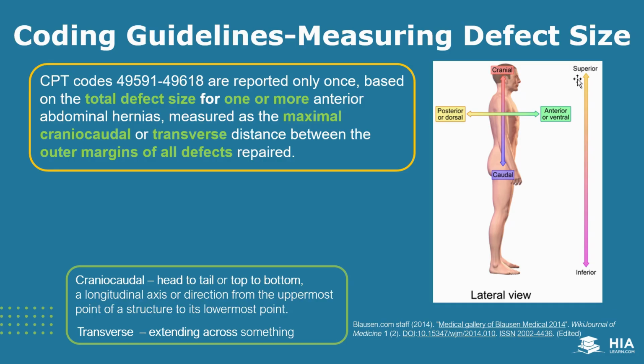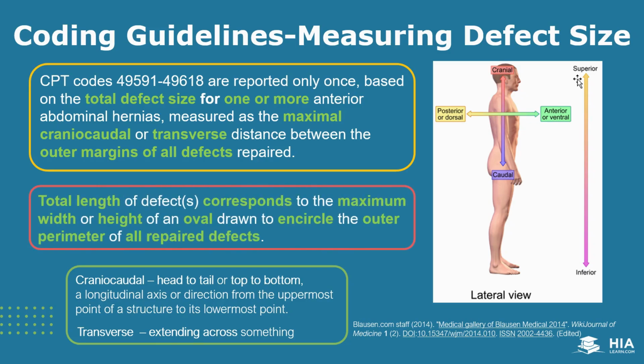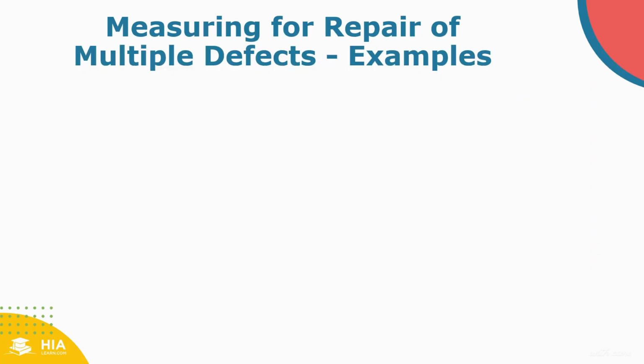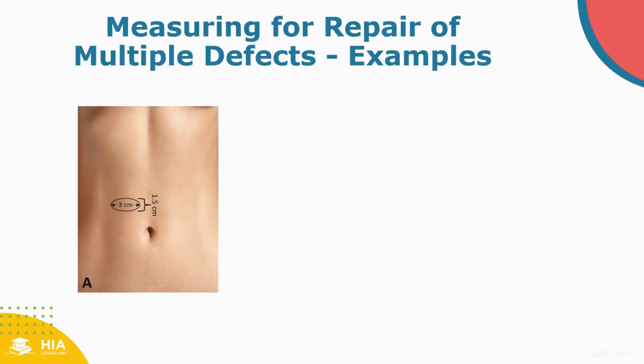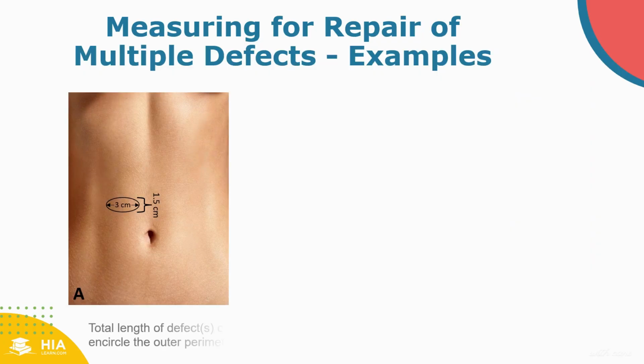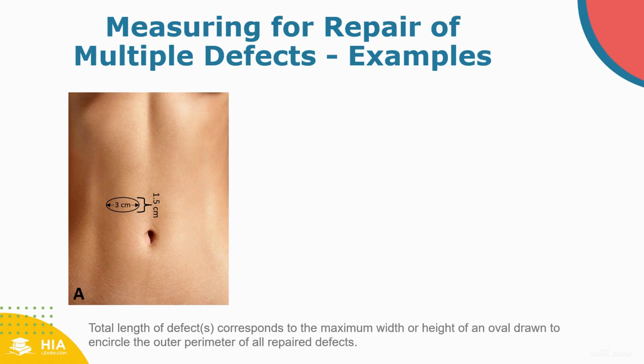Hernia defect length measurement is calculated in either the transverse or craniocaudal dimension, with the total length of the defects corresponding to the maximum width or height of an oval drawn to encircle the outer perimeter of all of the repaired defects. Example A illustrates repair of a single defect whose craniocaudal length is 1.5 centimeters and transverse length is 3 centimeters.